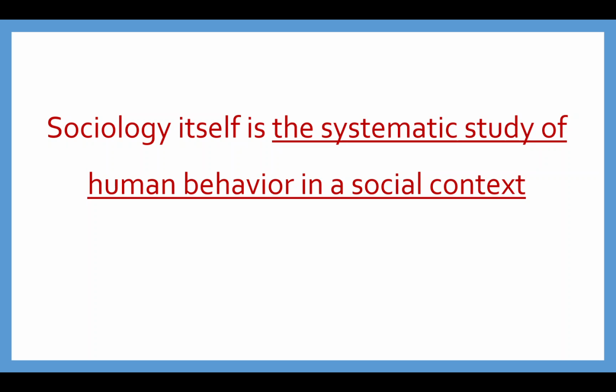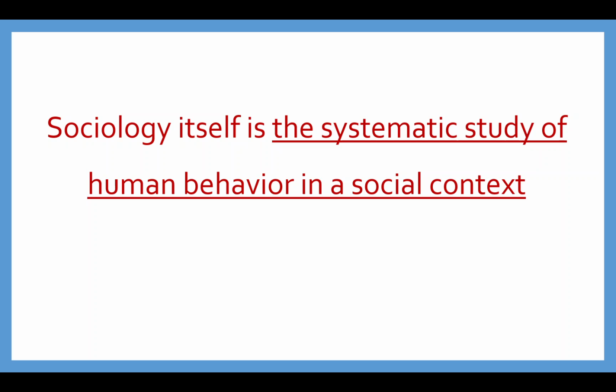What this means is that we study how people act, how they behave and communicate and interpret each other and the world around them. But as sociologists, we do this in an organized way and from a societal perspective. So we don't just look at individual people.